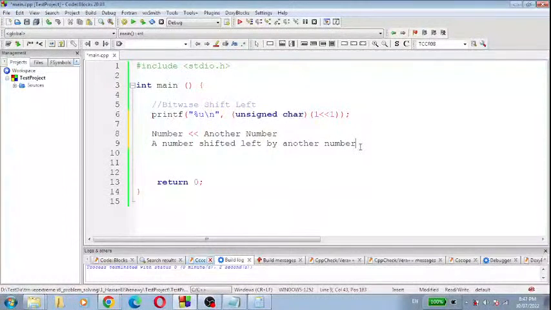This is equivalent to this. I want to shift this number to the left by the amount of this number. So that's it.